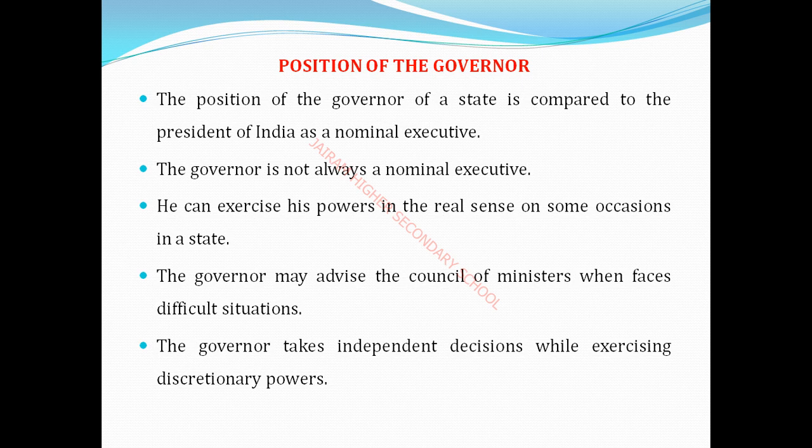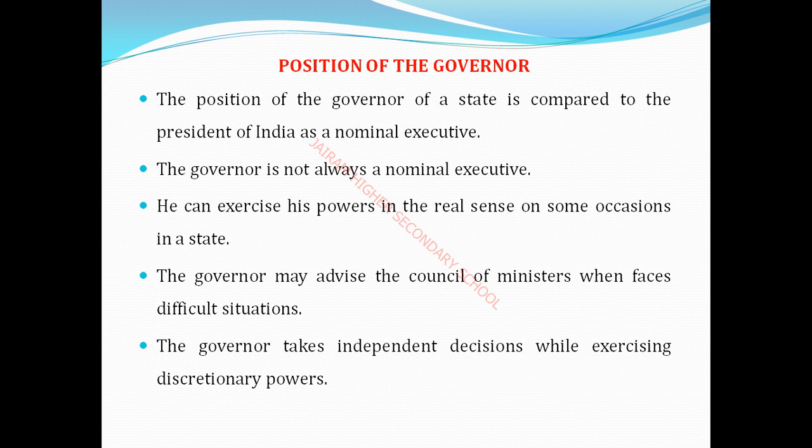And afterwards, see here, the governor may advise the council of ministers when it faces a difficult situation. For example, this is a lively situation we are facing nowadays. The whole world, the whole nation, and even our state are facing the problem of a disease called coronavirus.